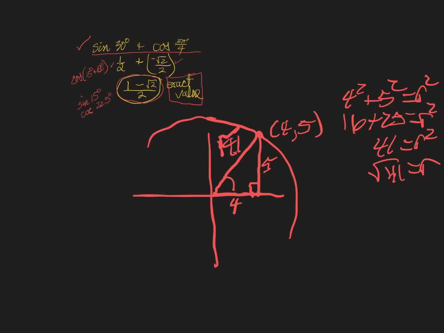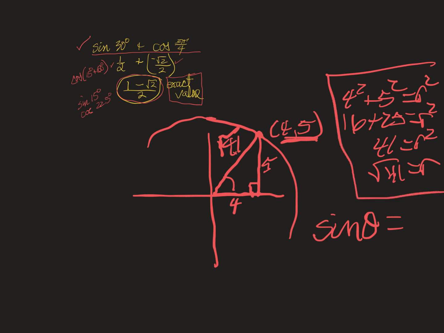And then they're going to ask us something like this: what is the sine of this angle equal to? For this circle, because this is not a unit circle value, it's just a random point on the circle, the sine of theta is going to be the opposite over the hypotenuse. That's why we use the Pythagorean theorem to find that.